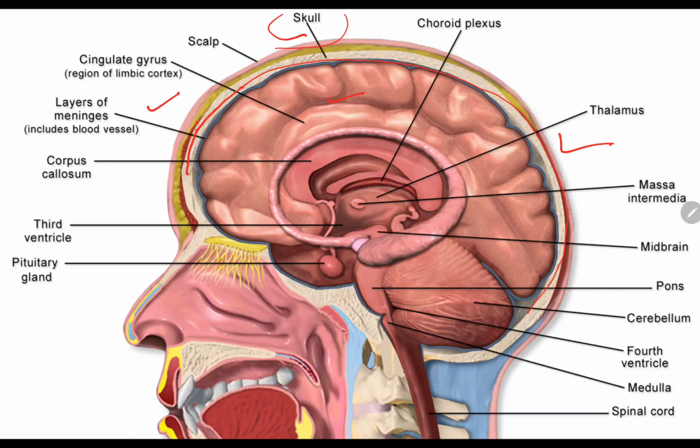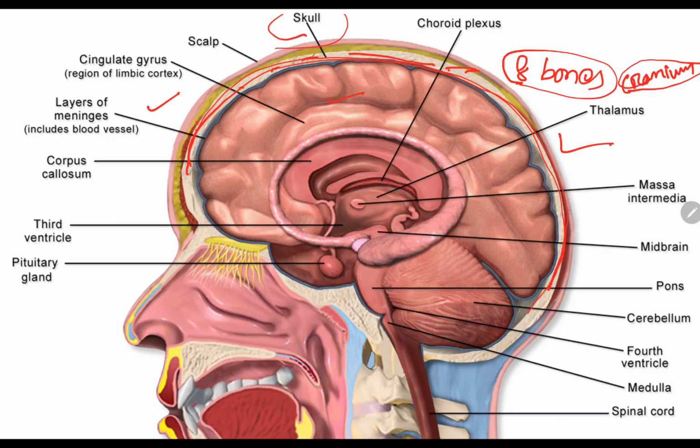Okay, so this bone consists of 8 small bones, meaning 8 small bones join to make a bone structure that is called the cranium. And within this cranium the brain is situated and protected.